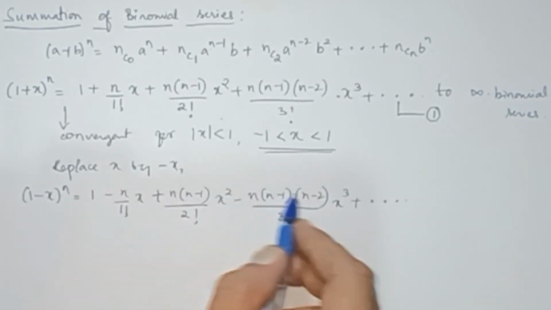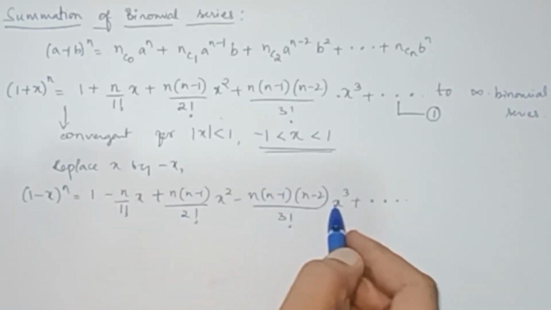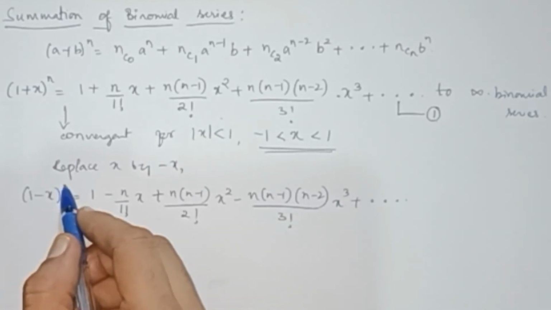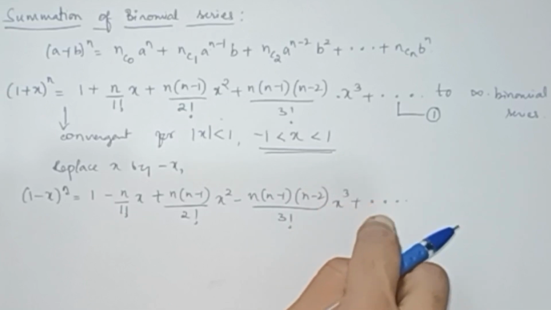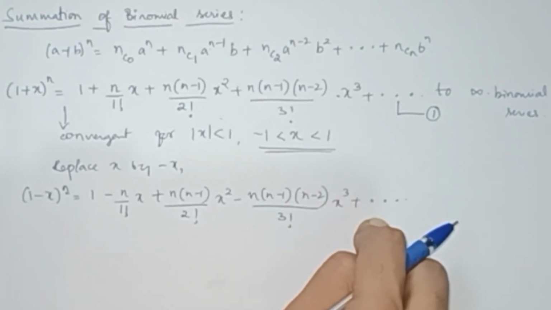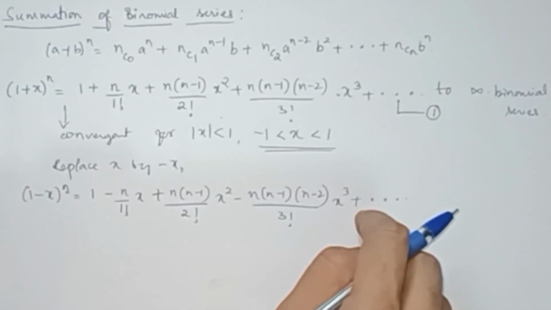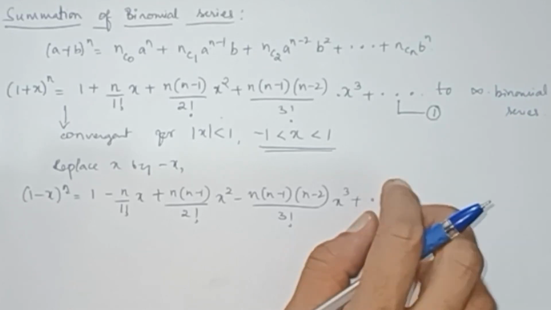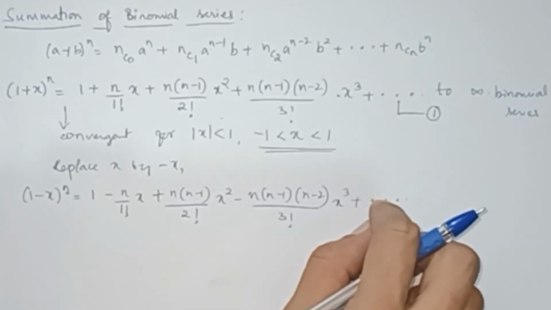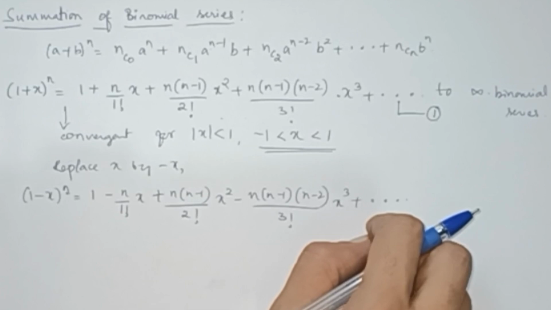So there are alternating plus and minus signs in (1 - x)^n. Now, to find the summation of these kinds of binomial series, we need some useful formulae. Let us see how to derive those useful series which help you get the summation of binomial series.